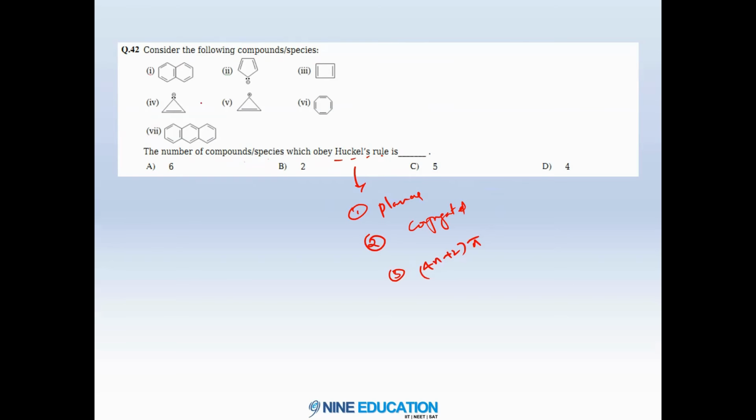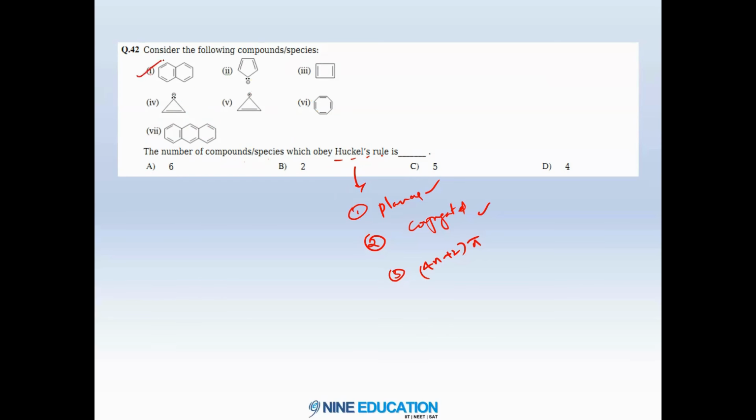I'm sure all these molecules are planar, because everywhere you have sp2 hydrocarbons, and conjugated systems as well. So the first two conditions are met every time. The only thing we need to check is the 4n plus 2 pi electrons. Whichever case has 4n plus 2 pi electrons, we can go for it.